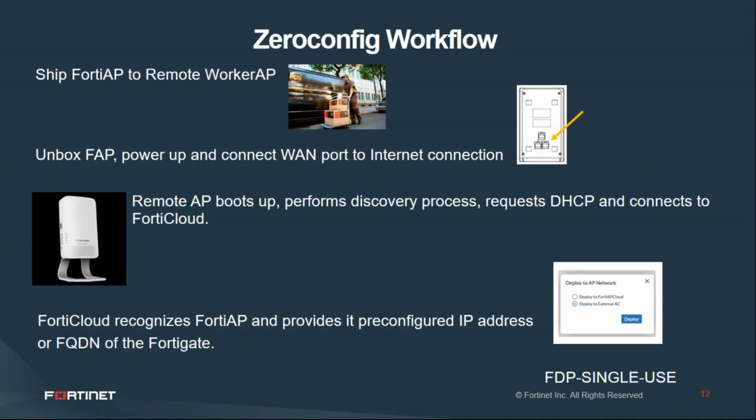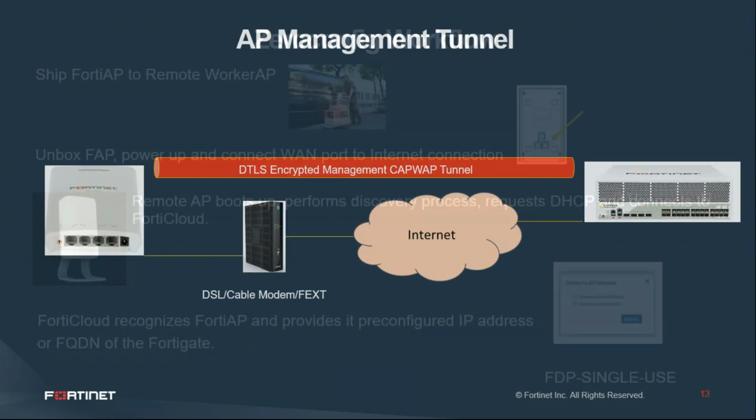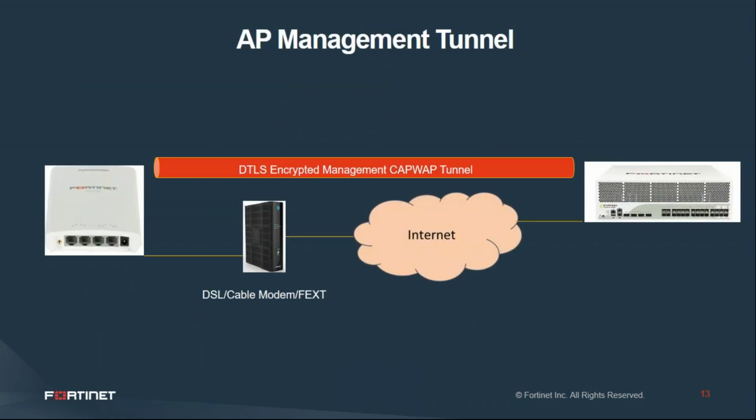Then when the access point, as part of its discovery process, contacts FortiCloud, FortiCloud replies to that access point with, here is the IP address of your FortiGate that's going to manage it. And that allows the access point then to bring up a management connection to the FortiGate.